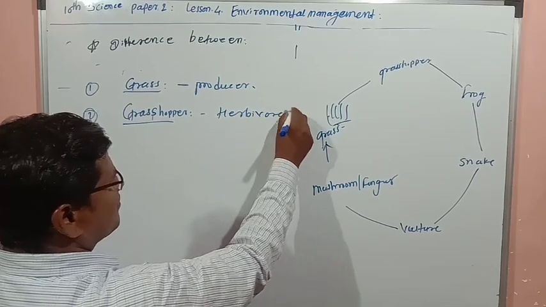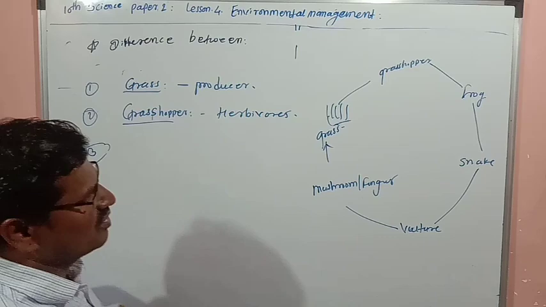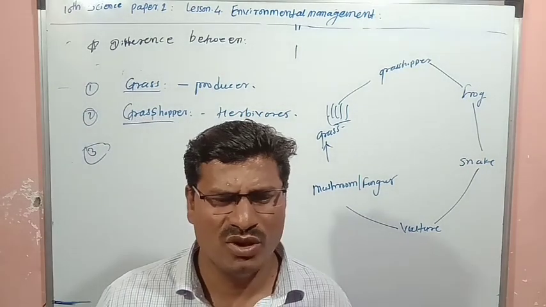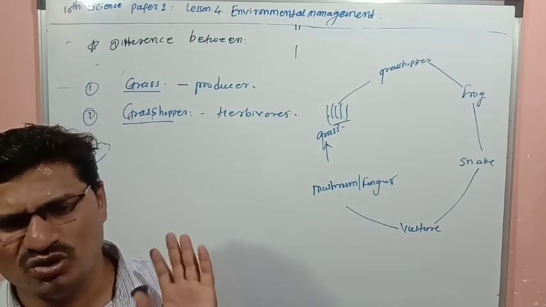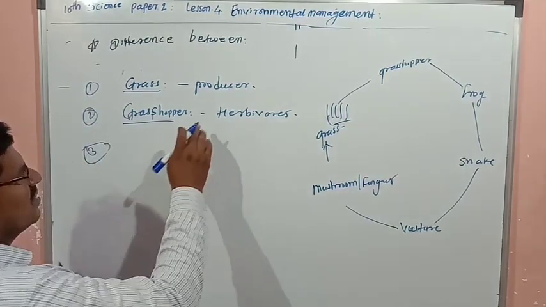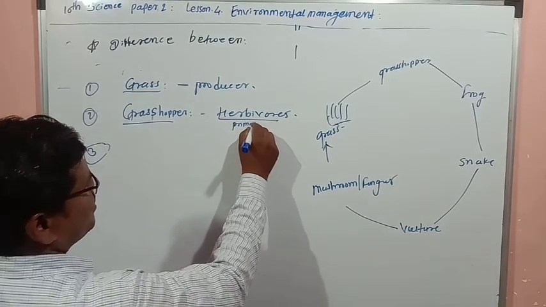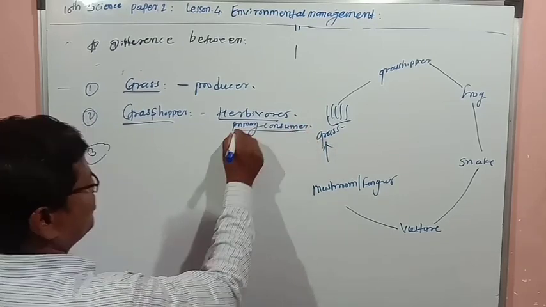Third one is there, frog. So this one is the primary consumer. Herbivore is the primary consumer.